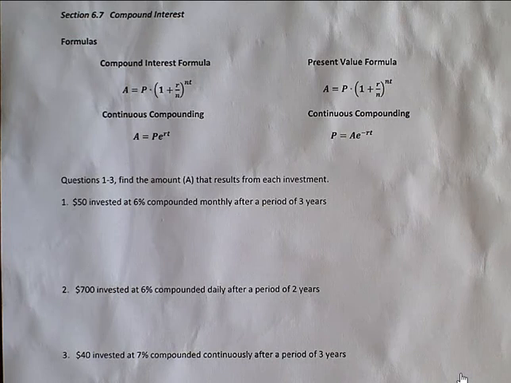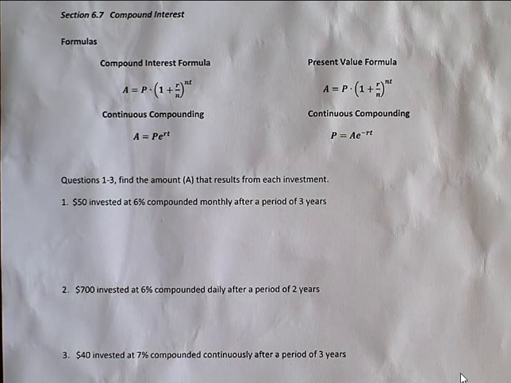So up above here, I've given you the formulas that you're going to be utilizing, okay? And there are two ways that this thing's being represented. The compound interest can be done over a certain amount of time, over certain periods over which it's compounded, or it could be compounded continuously.